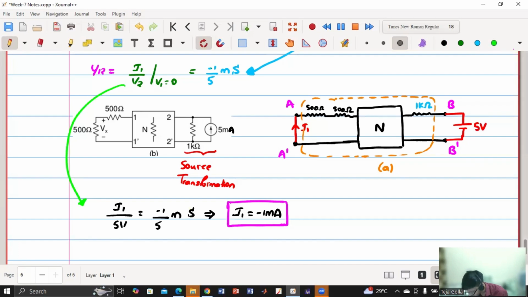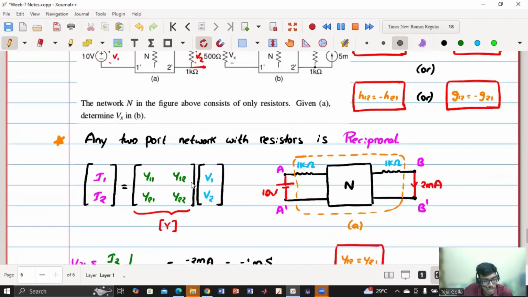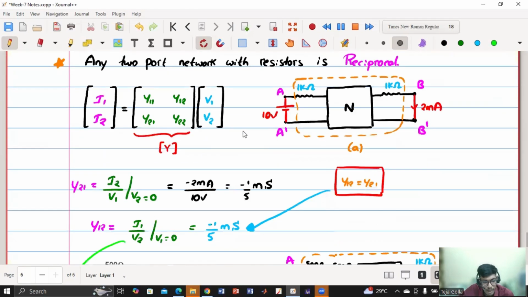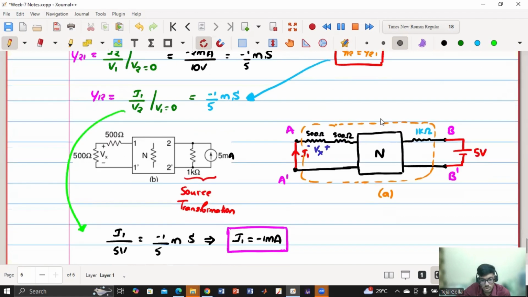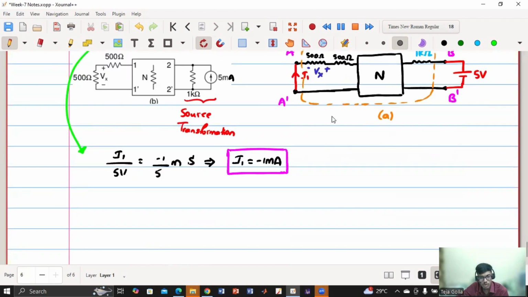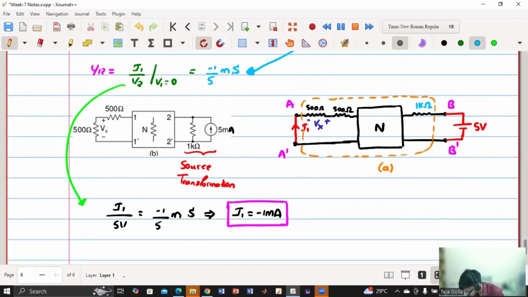If I got my I1, what exactly are they asking in the question? They're asking what is the voltage, minus plus Vx. This is minus, this is plus, and they're calling it Vx. So according to this direction of I1, what will be Vx? Vx will be minus I1 into 500 ohms because I1 is flowing from left to right.